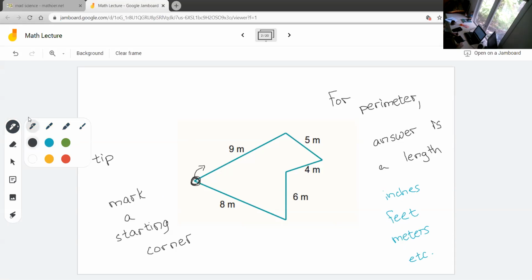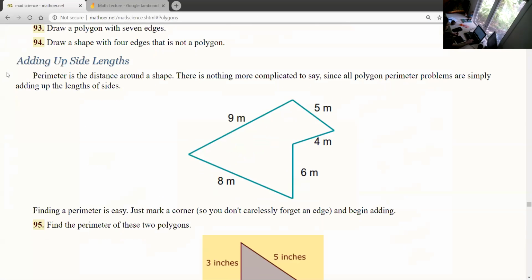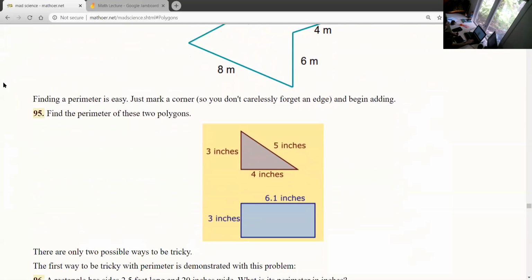And I'm not really sure what else to say about perimeter because you know how to add up numbers. So just to make sure decimals don't scare you, what are the perimeters of these two shapes?